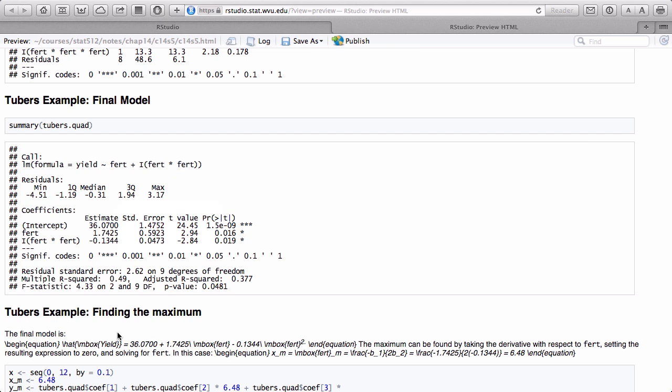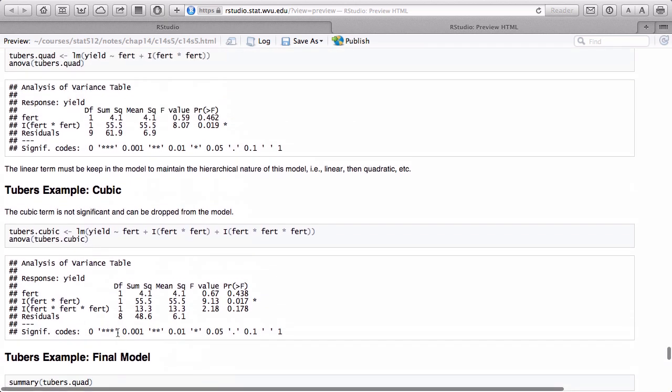Notice in this case that for my t-values, let's see, why is that significant, whereas the preceding one wasn't? Oh, this is a type 1 sum of squares. Fertilizer by itself is not significant.